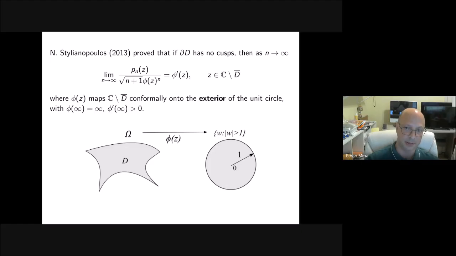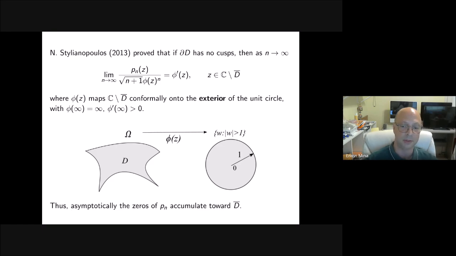So we have this strong type of asymptotic formula for these orthonormal polynomials with respect to area measure over D. So one conclusion is that if you think of the zeros of these polynomials asymptotically, so as the degree goes to infinity, these zeros have to accumulate on the closure of D. So if you were to picture these zeros, they essentially will accumulate on the closure of this domain D, so on D and its boundary, right?